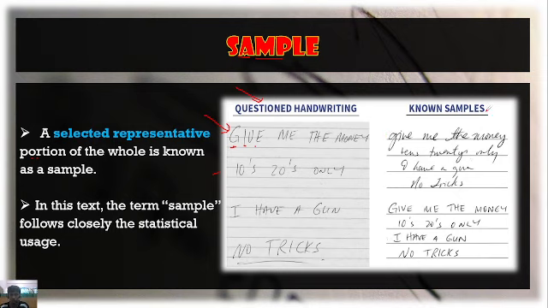So, at least you will be having the same word, kung merong the same word, give, na makikita mo doon sa known handwriting na nakuha mo. Yun yung kukunin mo na lang na paragraph or sentence wherein you can use as a basis in order for you to have a comparison. So, ngayon tatawagin na natin yung kinuha mong small portion or selected portion na yun as sample, or known samples. But as a whole, we are going to term it as standard.